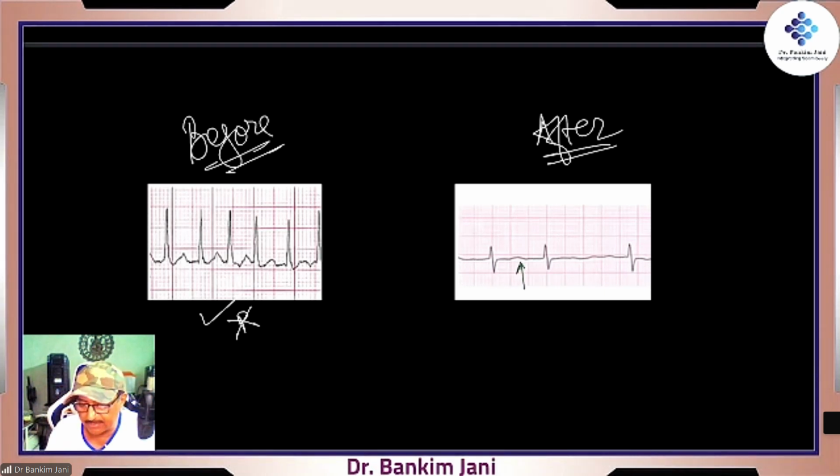The line is wavy, and the distance between QRS here is 3 big squares, and over here it is almost 4.5. So without my saying much, you will say both cases are atrial fibrillation. But one thing is very clear, that this is a decreased heart rate, less as compared to this same patient. This is what was done as a first line of defense: you decrease the heart rate.